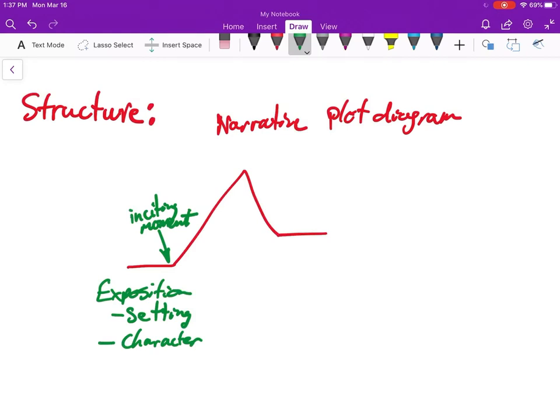Then we have rising action. Okay, that's where the main character develops skills. They go on adventures. They have mini adventures, all that kind of stuff.